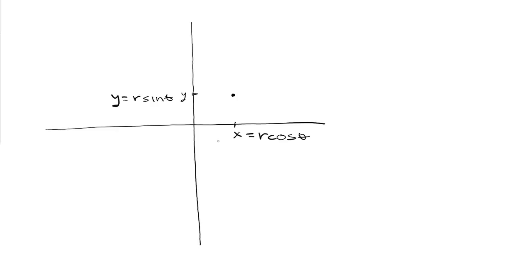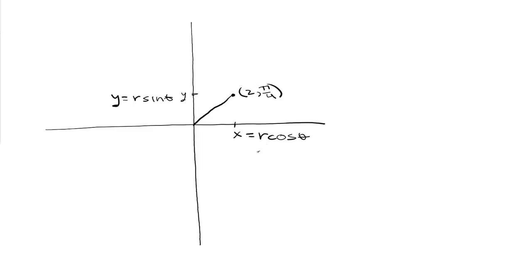So if I have a polar coordinate, we'll make this r 2, comma, pi over 4, and I want to know what that is as a rectangular coordinate, I just have to drop r and theta into the formulas for x and y.